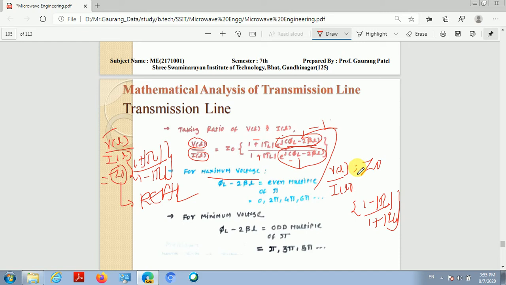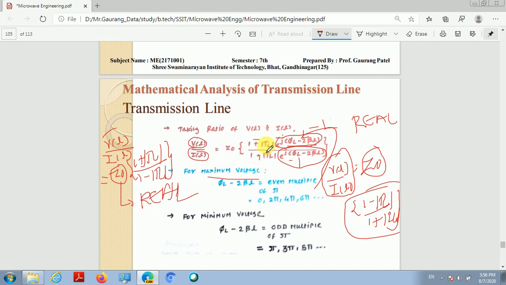Now here also Z0 is real for a lossless line, and this ratio, (1 minus mod gamma L) divided by (1 plus mod gamma L), is also real. It means that the impedance at that location is also real. So when voltage is maximum or minimum at that location, the impedance measured is real irrespective of the load with which it is terminated.